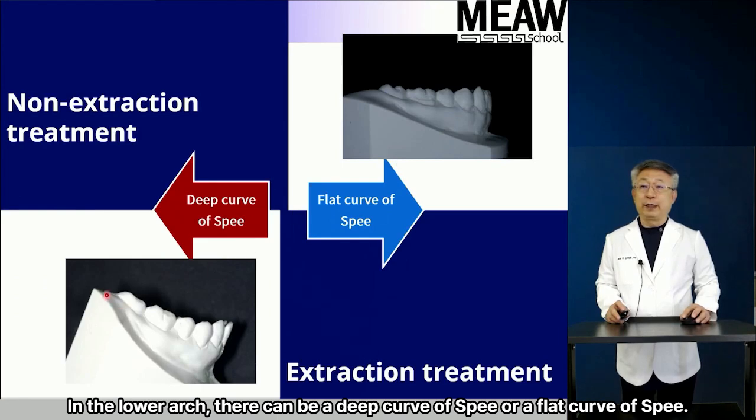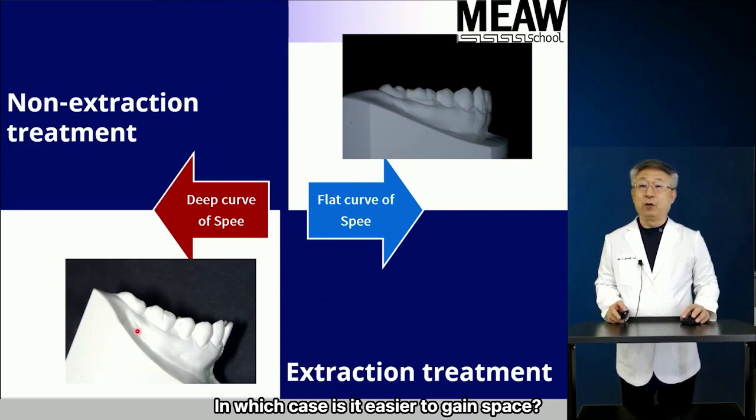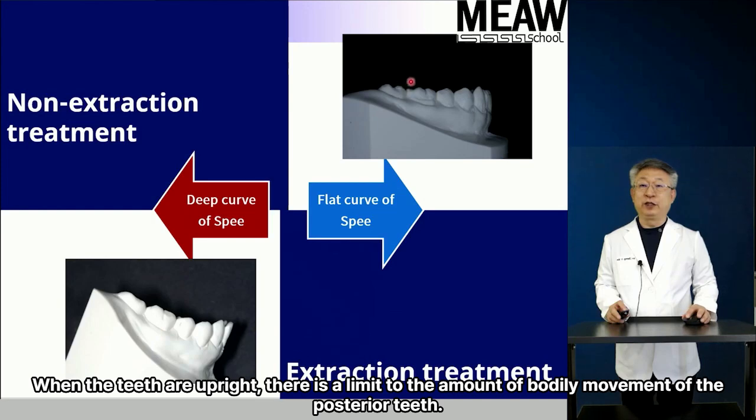In the lower arch, there can be a deep curve of SPE or a flat curve of SPE. In which case is it easier to gain space? When the teeth are upright, there is a limit to the amount of bodily movement of the posterior teeth.